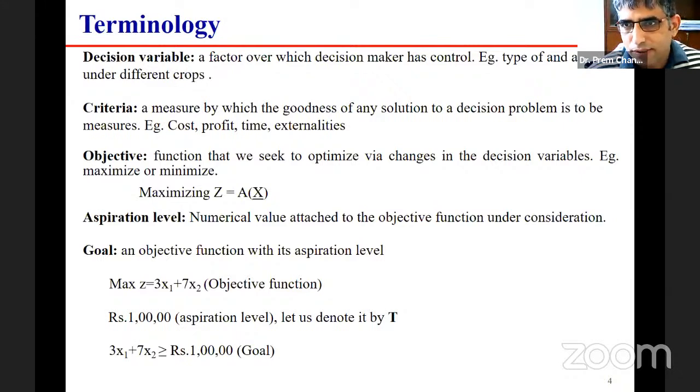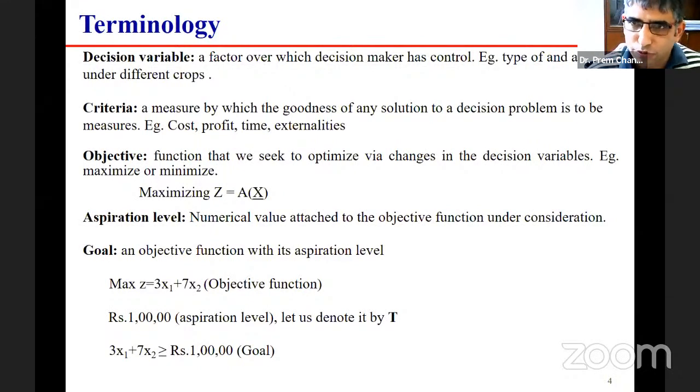First is the decision variable. As the name suggests, decision variables are variables or factors over which we, or a manager, have control. As a farmer, we have control over the type of crop to be grown, the area to be allocated under different crops, the number and type of livestock to be reared, whether to go for rain-fed or irrigated, and whether to use basmati rice or non-basmati rice.